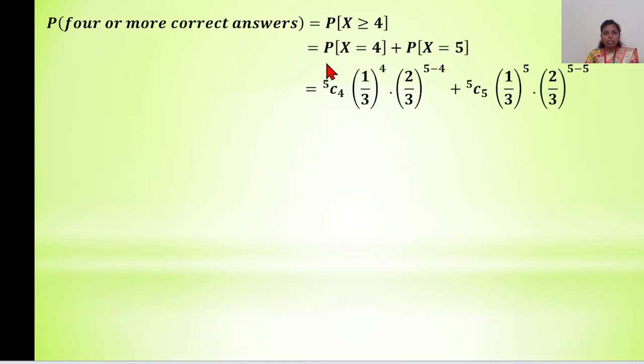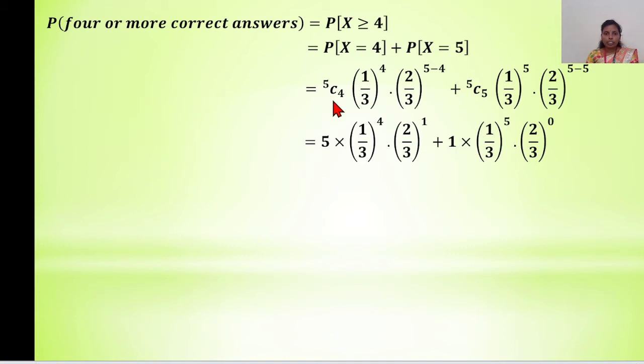Therefore, by using the formula of binomial distribution nCx p raised to x into q raised to n minus x, we can put the values of n, p, q. Then it becomes 5C4 into 1 upon 3 raised to 4 into 2 upon 3 raised to 5 minus 4, plus probability of x equal to 5, which is 5C5 into 1 upon 3 raised to 5 into 2 upon 3 raised to 5 minus 5.